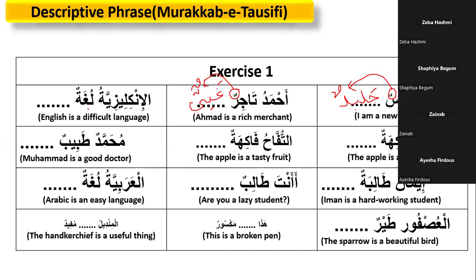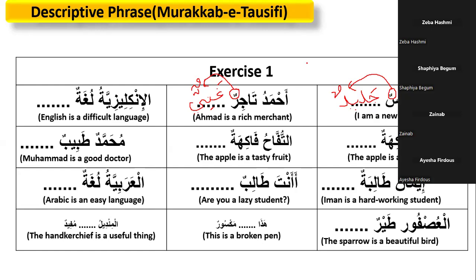Al-inkliziyatu lugatun. Now difficult. What is the word for difficult? Anyone knows? Sahlun or for the difficult? Usrun? Anyone knows that you have learned? See here, this vocabulary I want from your side to know.